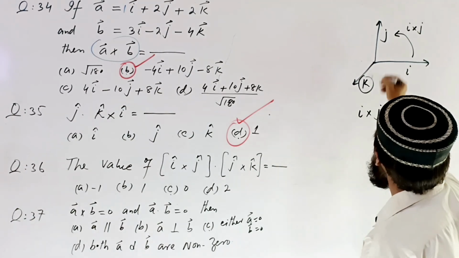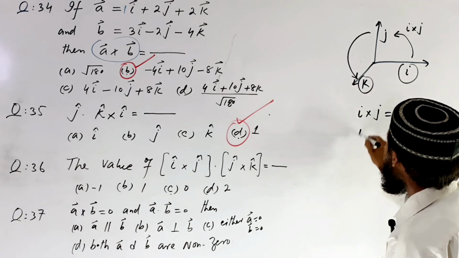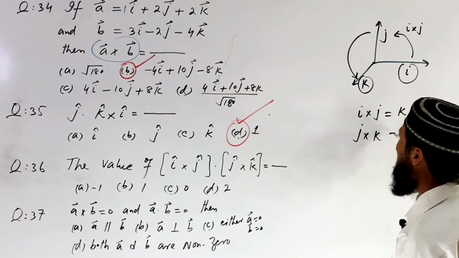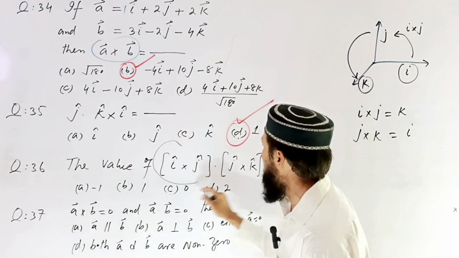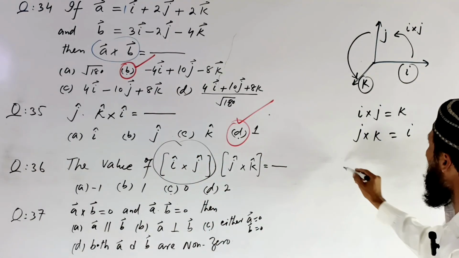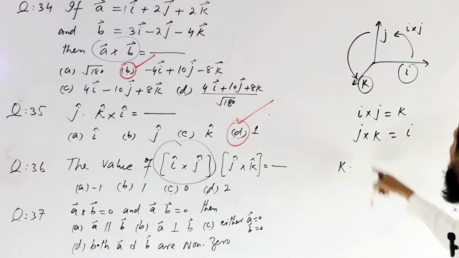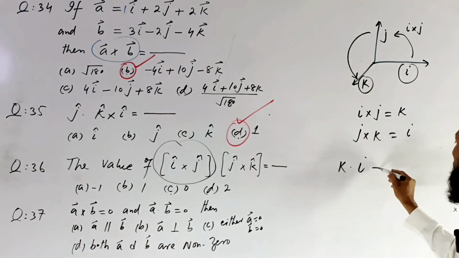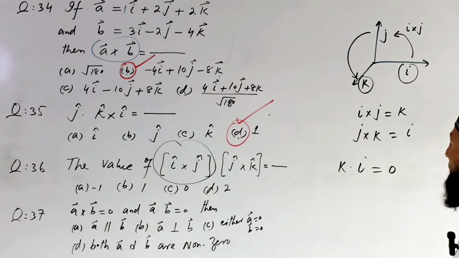Similarly, j cross k, the result is equal to i. So in place of this result, we put (i cross j) as k, and (j cross k) as i. Both are different, so the result will be equal to 0.